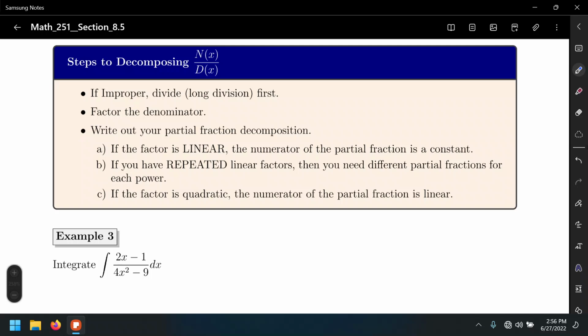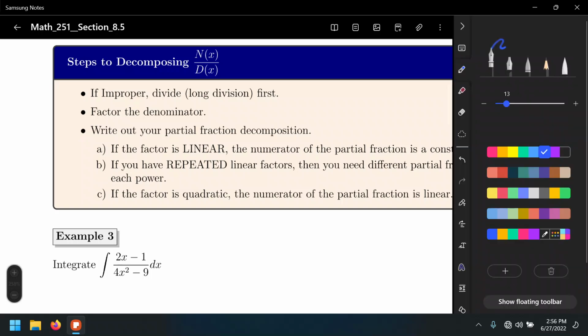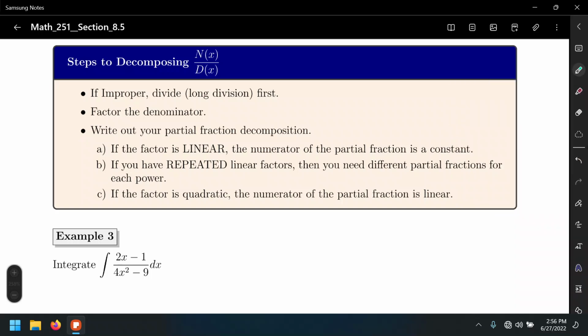What's an improper fraction? An improper fraction is a fraction where the numerator is larger than the denominator or the same.